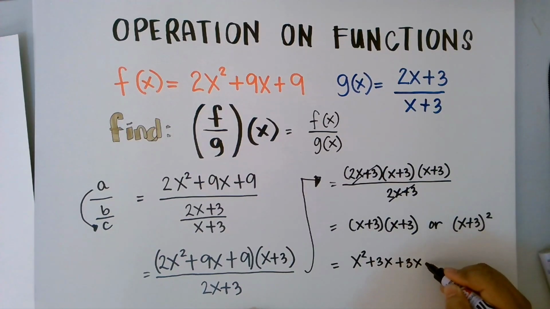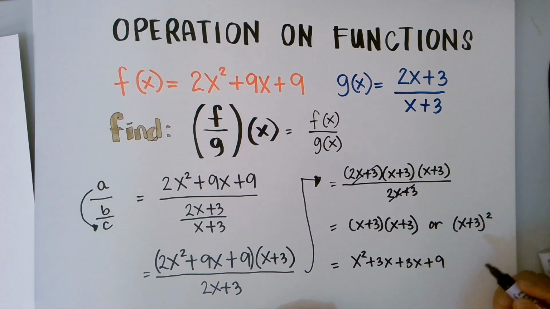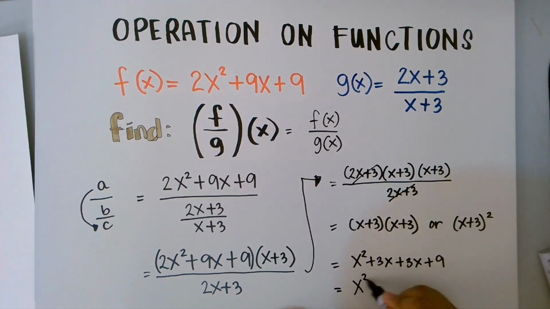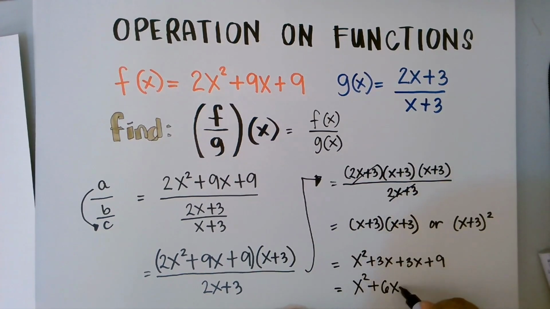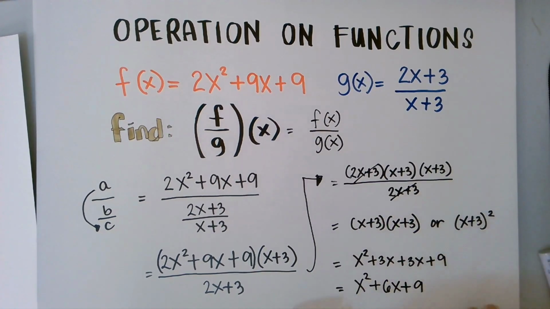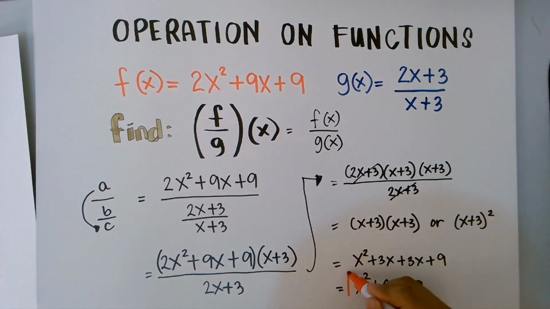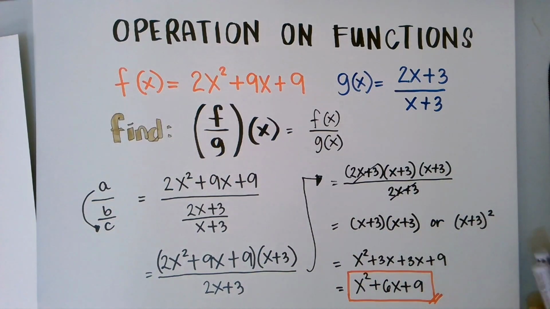Alright, then 3 times 3, it's 9. Okay, then let's simplify. So this is x squared, then 3x plus 3x, it's 6x, then plus 9. Okay. So this is the quotient of our two functions f of x and g of x. So x squared plus 6x plus 9.